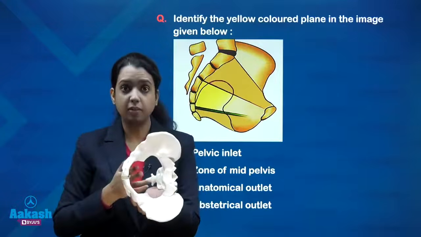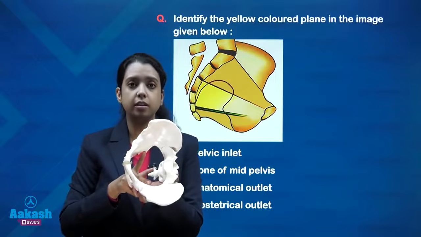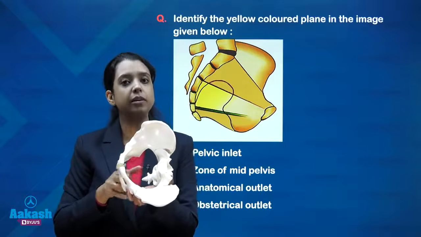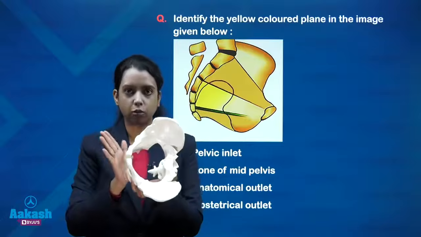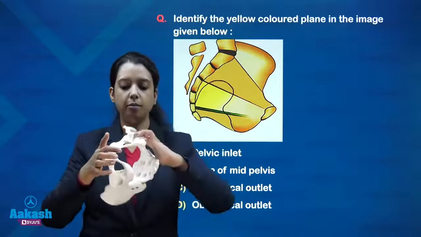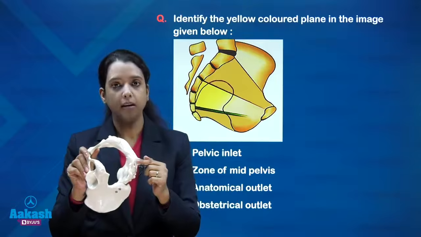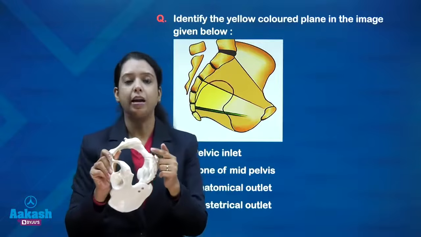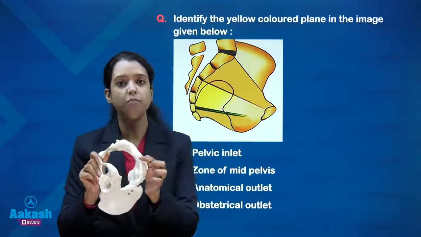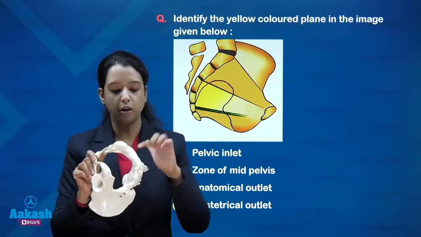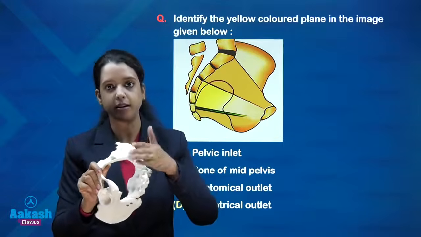That's why the interischial distance is the plane of least pelvic dimension. The outlet is from the lower border of the symphysis pubis up till the coccyx, the anatomical outlet, but the coccyx is very mobile, it's not fixed. So the obstetric outlet is up to S5.